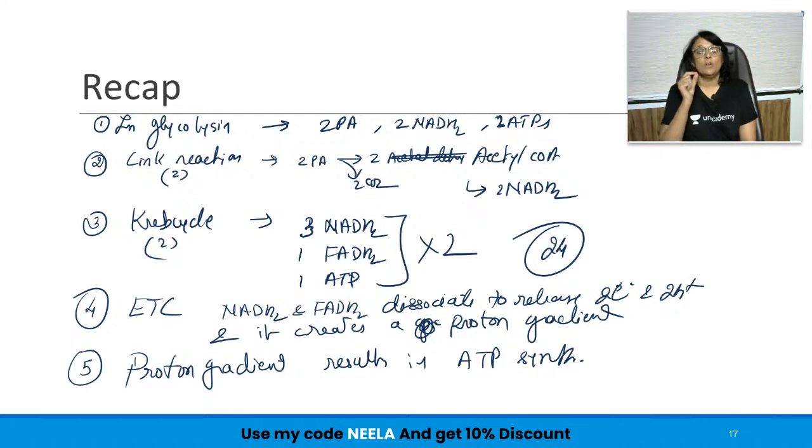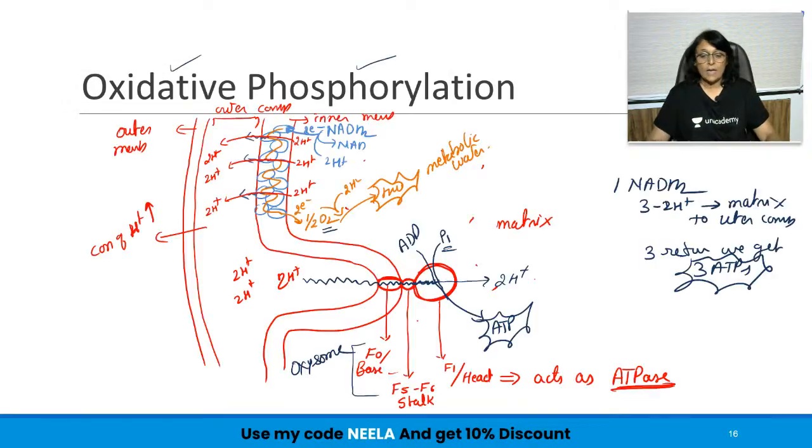So we say mitochondria is the powerhouse of the cell because ATP is produced here. But now we know the precise location where ATP is produced. And this ATP is always generated because of the proton gradient. The same thing happened in chemiosmosis in chloroplast, and the same thing is happening in mitochondria. In chloroplast, the particles were called F0, F1 particles, and here the particles are called F0, F1 particles or oxysomes.